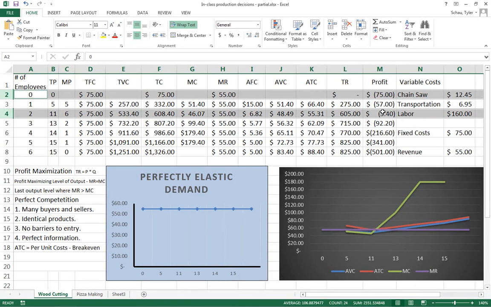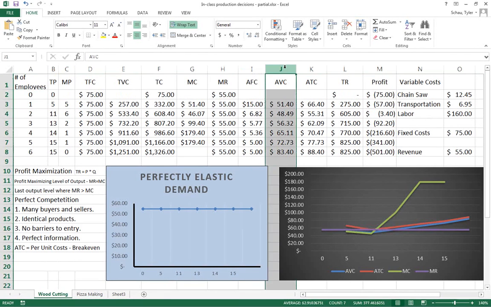All right. And so that's one thing we want to watch. The question is, at what point do we go ahead and shut down? Okay. There is a point at which I might go ahead and close my doors and shut down, and that point's going to be, we go back to average variable cost.